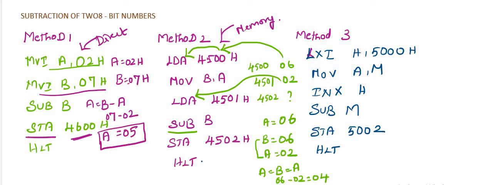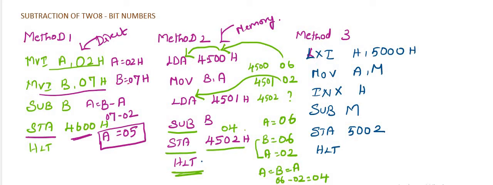That 04 is stored in the accumulator. That accumulator value again we have to store in a memory location. So using the store instruction STA, the accumulator value is stored to the 4502 location. Here the value is stored as 04. Finally we give the halt operation to stop the process.